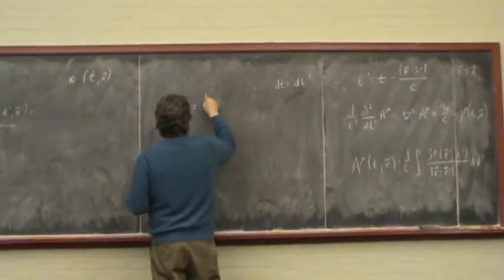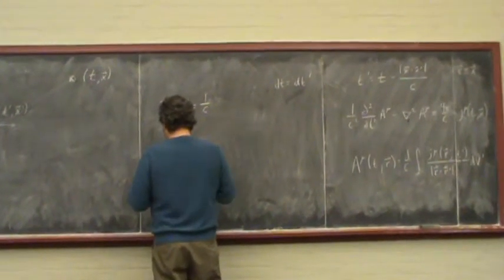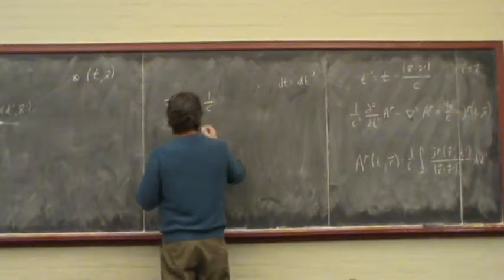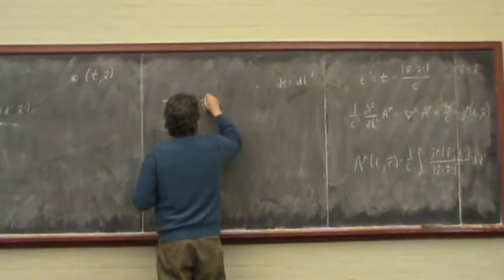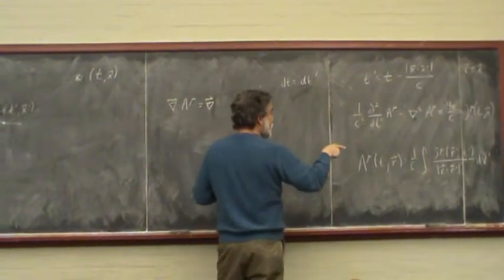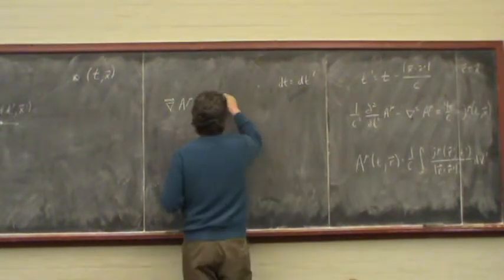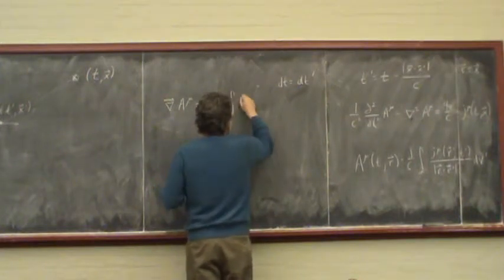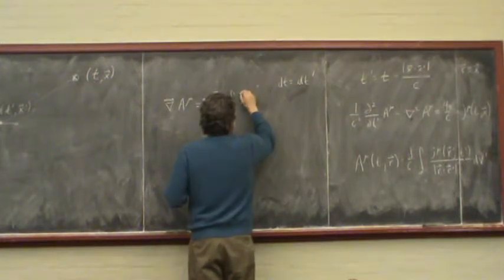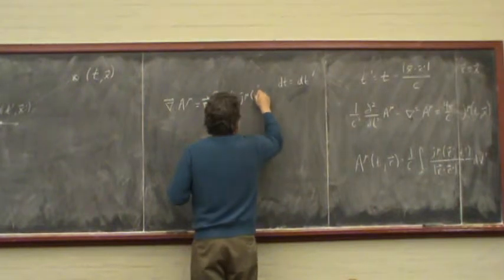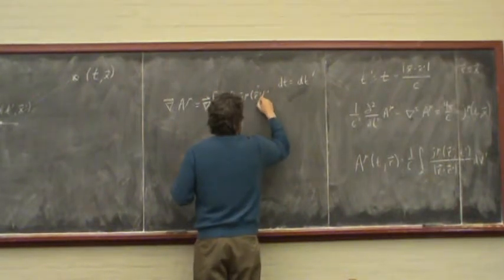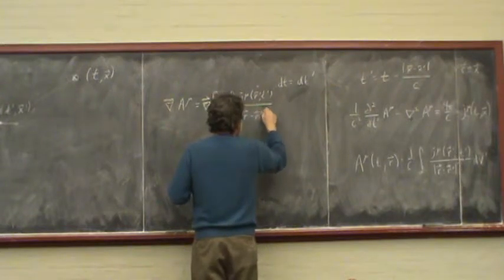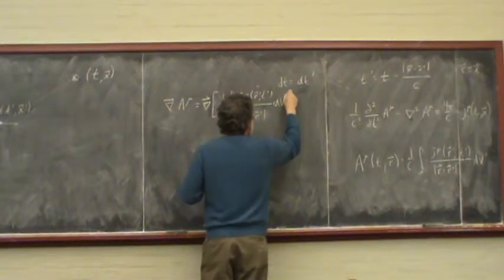And that is del of A mu, which is 1 over c integral of j mu of r prime, t prime over r minus r prime, dv prime.